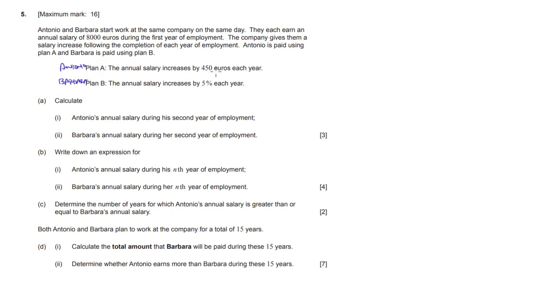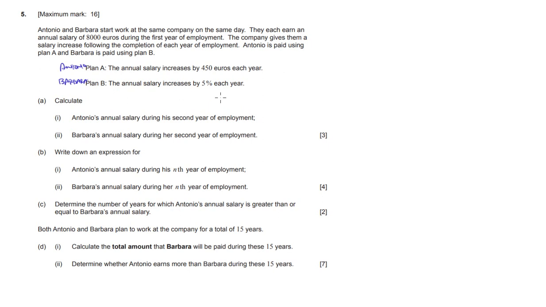Antonio just gets an extra 450 euros each year, and then Barbara's annual salary increases by 5% each year. So that's 5% the first year, and then it's 5% of what she earned the second year for the third year, and so forth and so on.